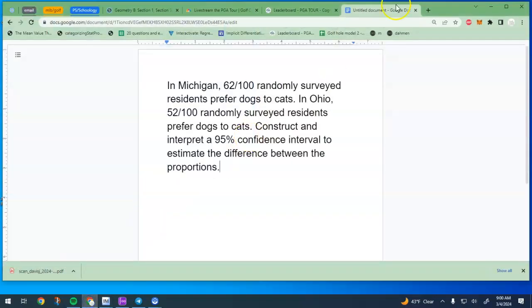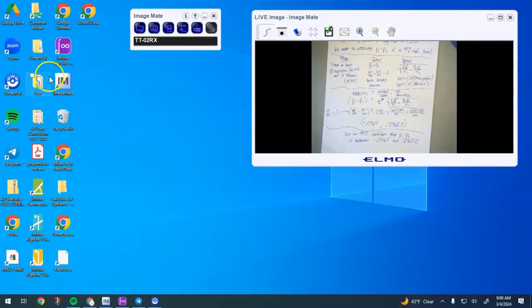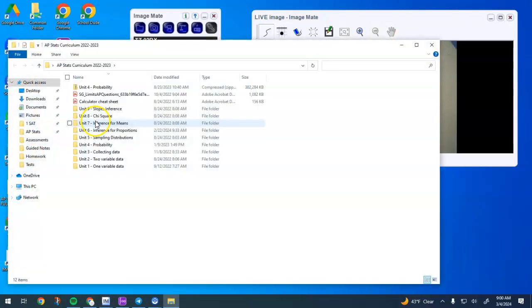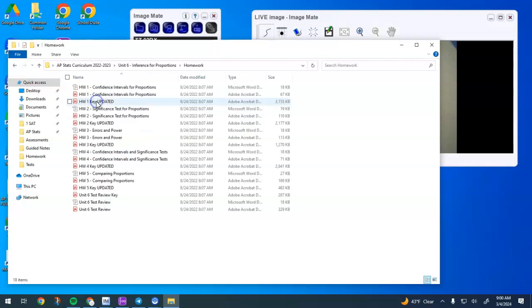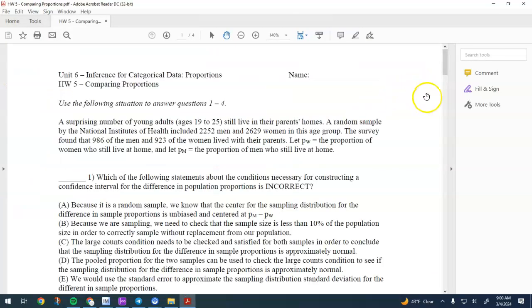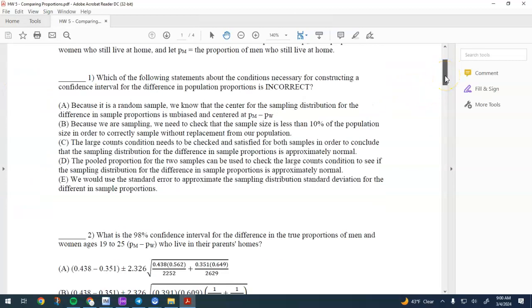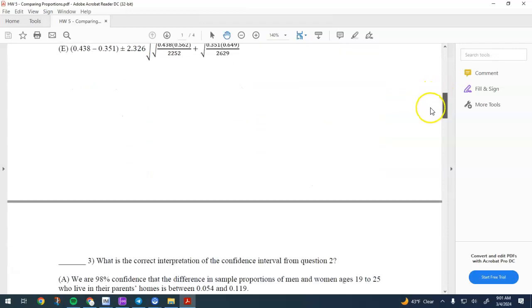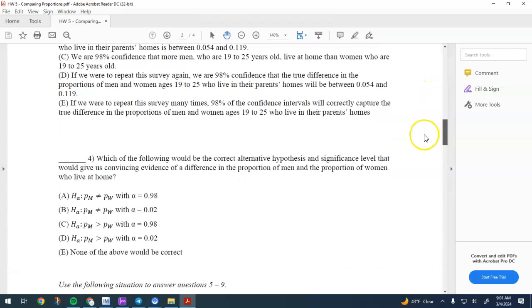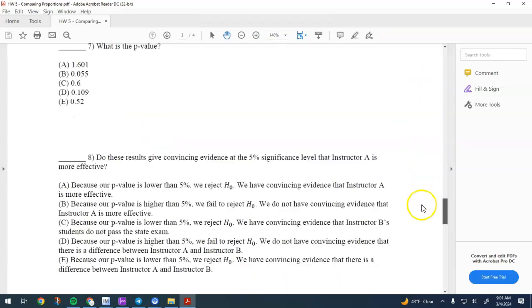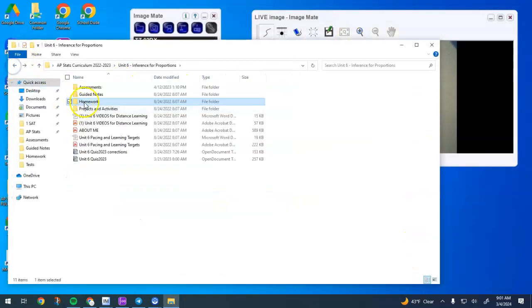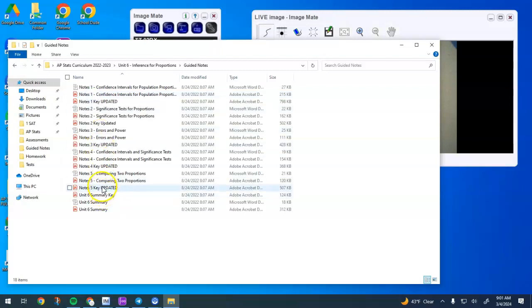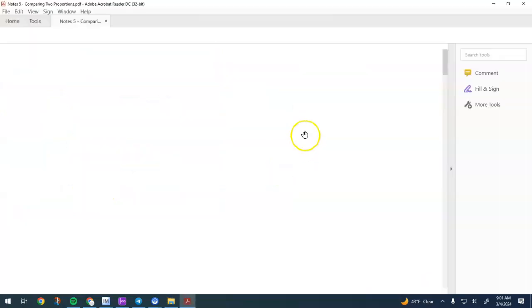Actually, there's one in your packet. Do that one. Hold on, I'll tell you which one. There's nothing in the homework, so I'm looking in the notes.